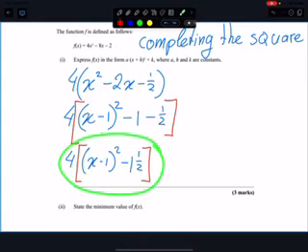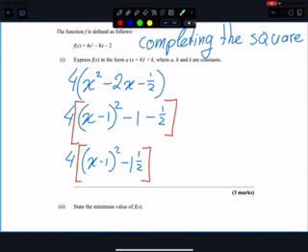What you have here is what you have here, the same thing. See, I'm missing an answer. If I multiply with 4, I take the 4 out.